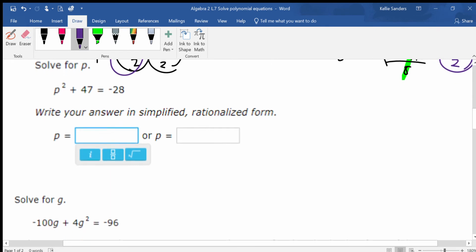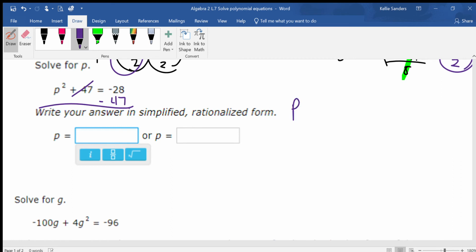So since we don't have a middle, we don't have just a plain P, I'm going to do the same thing. So to be able to get P squared by itself, I'm going to subtract the 47 and get P squared equals negative 75. So P equals plus or minus the square root of negative 75.